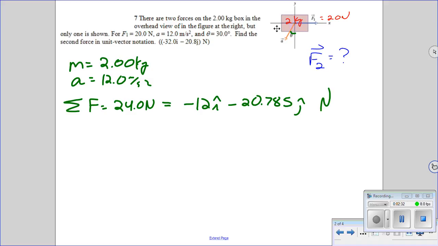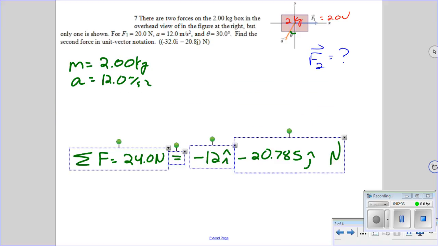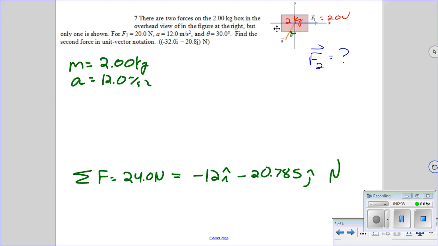Now, where does that net force come from? Well, we've got 2 forces that contribute to that, namely F1 and F2, right? Check it out. We know F1. Oh, I always forget my hats. So force 1 was 20 newtons in the i direction, right? 20 i plus 0 j newtons.